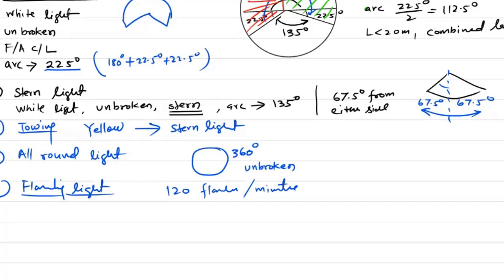Now we'll come to the range of the lights, because if we need to take action in collision regulations, you should know how far you are able to see. So let's move here. Ranges of lights.